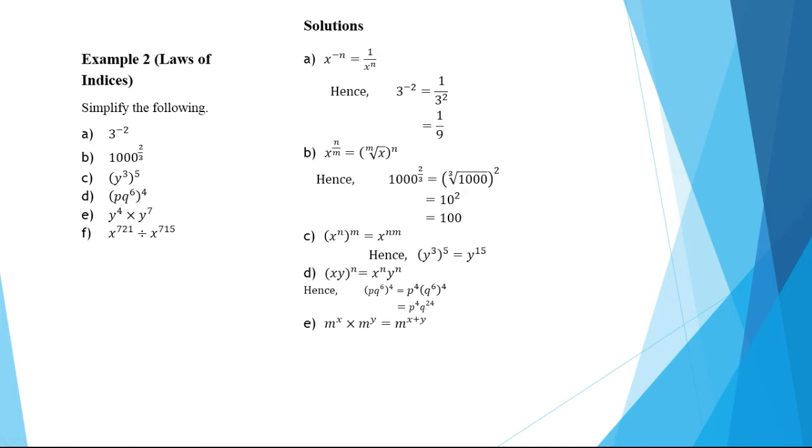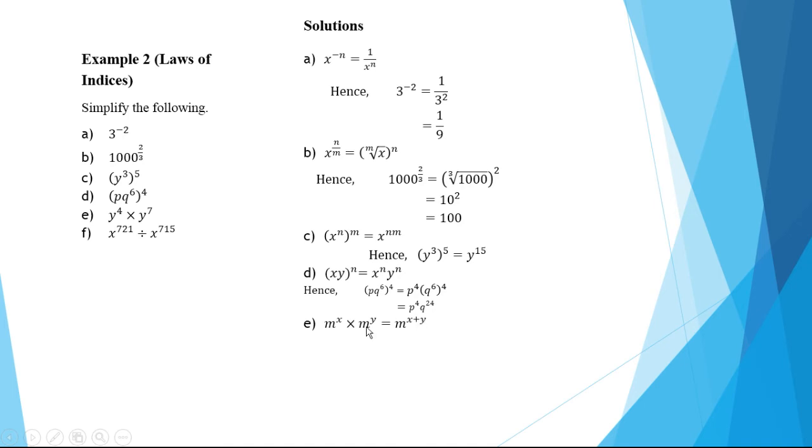Simple, right? For this one, y^4 times y^7, this is what we call the product rule. It says if two indices are multiplying each other with the same base, it's as good as just writing the base and adding the indices.